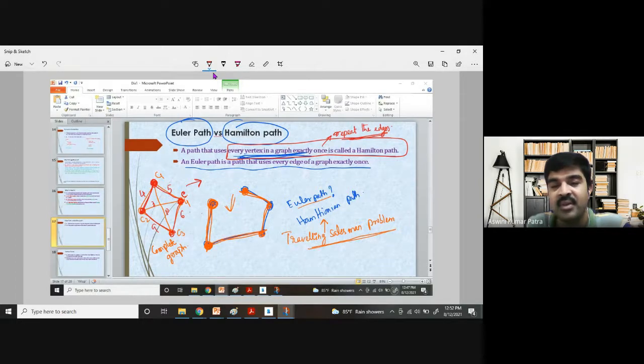And we have different purposes for Euler path and Hamiltonian path. And as a teacher, we have to try to relate these to real world problems. This is one example. Another example I would like to give is vertex cover.